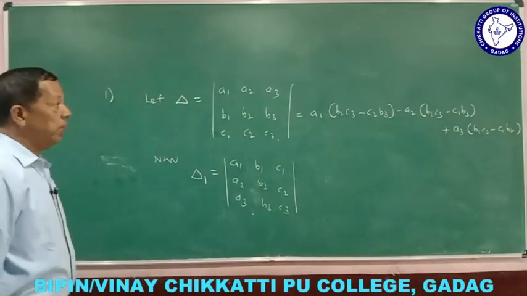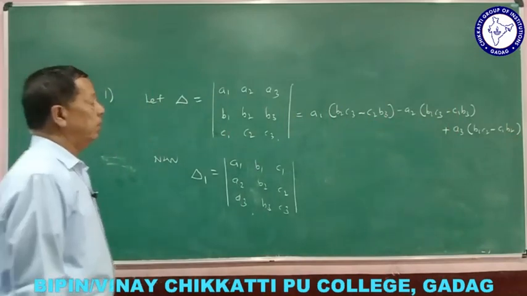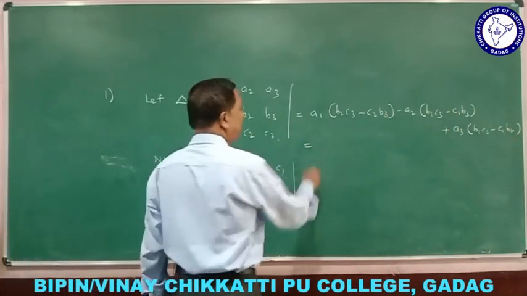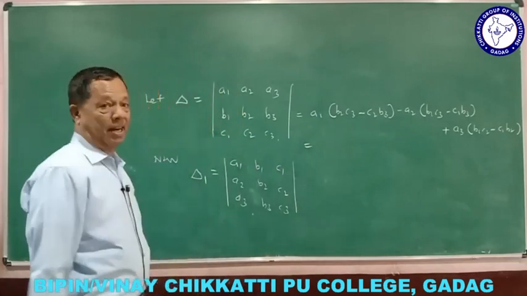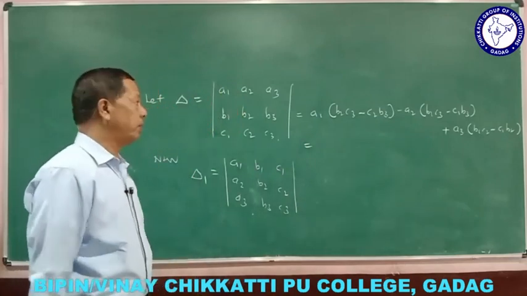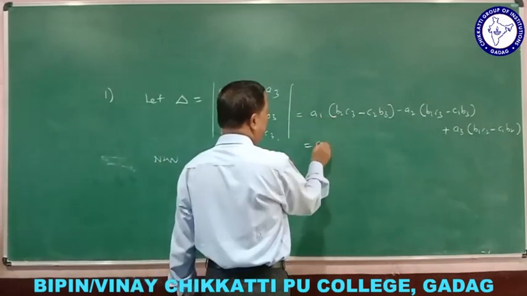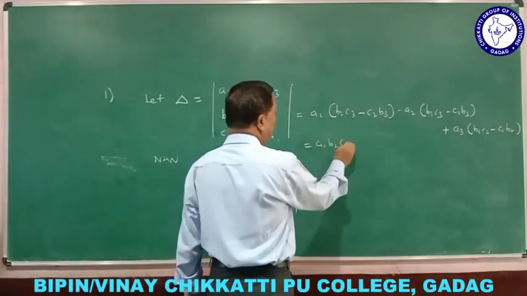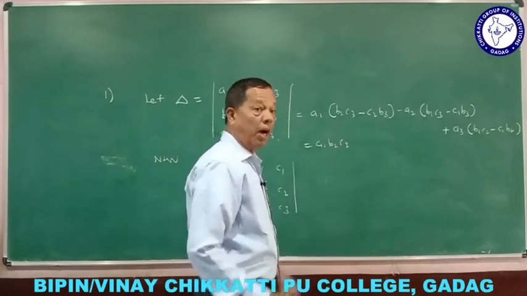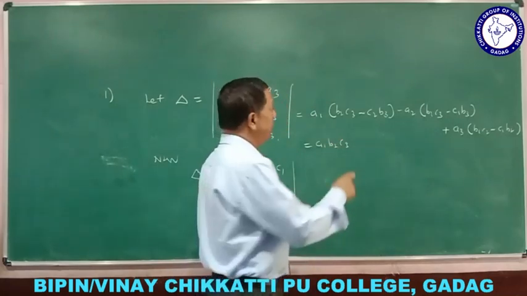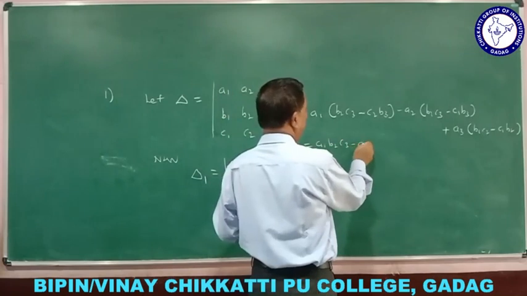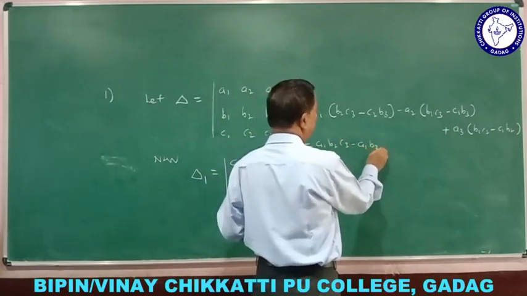Now I have to explain this in a simple way. In alphabetical order I want to write. What order? Alphabetical order. Shall I multiply this? A1, B2, C3. Alphabetical order, not number order. Next, minus A1, B3, C2.